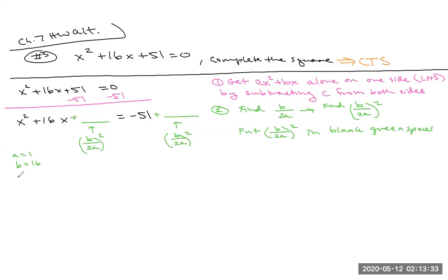Okay, so for b over 2a, that's 16 over 2 times 1, which is 8. So b over 2a squared is 8 squared, which is 64.